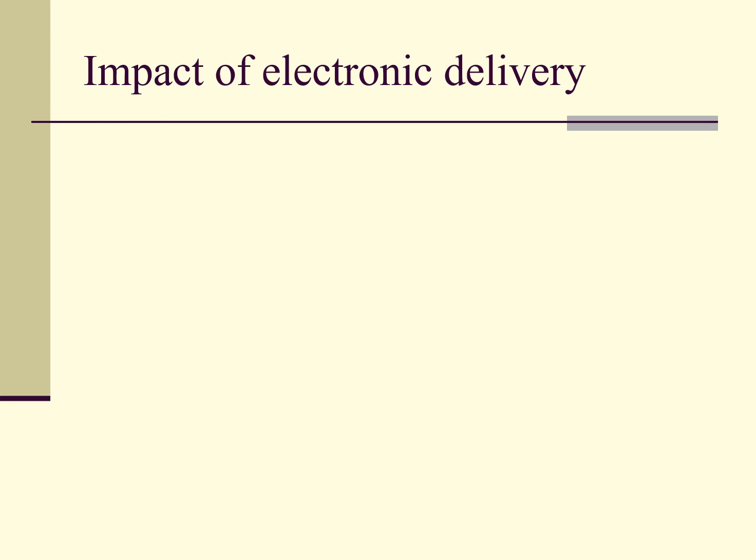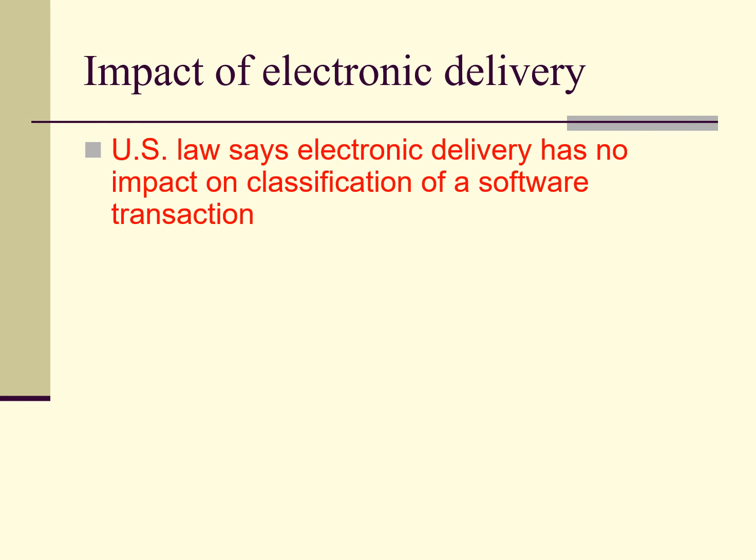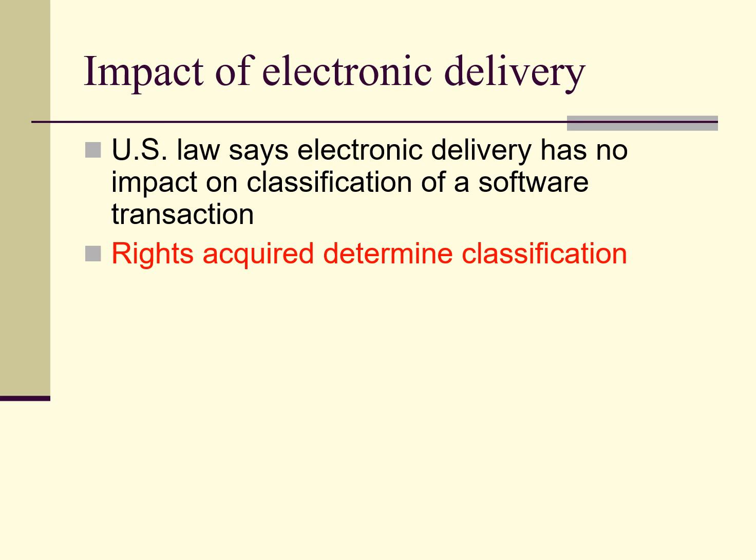Let's consider the impact of the electronic delivery of software. As discussed in the text, under U.S. regulations, the electronic delivery of software has no impact on its classification for tax purposes. Instead, the most important factor in classifying a transaction is the rights acquired by the buyer.